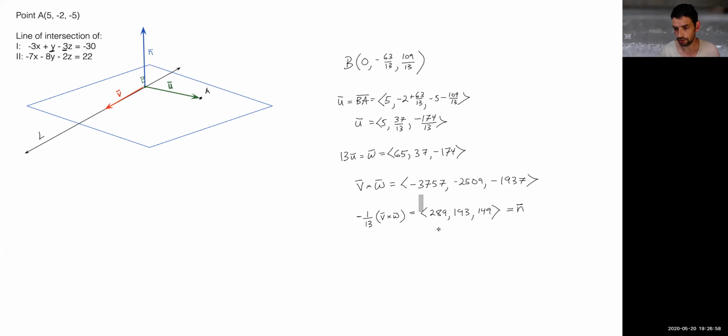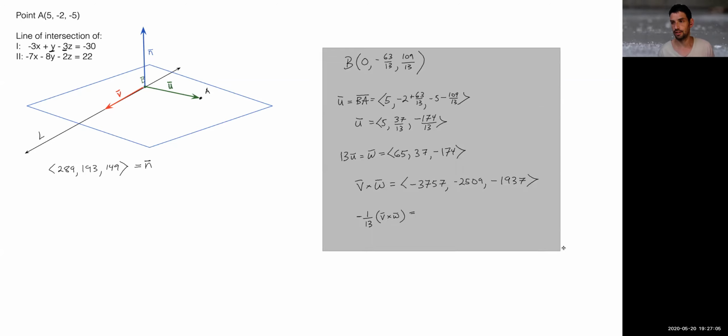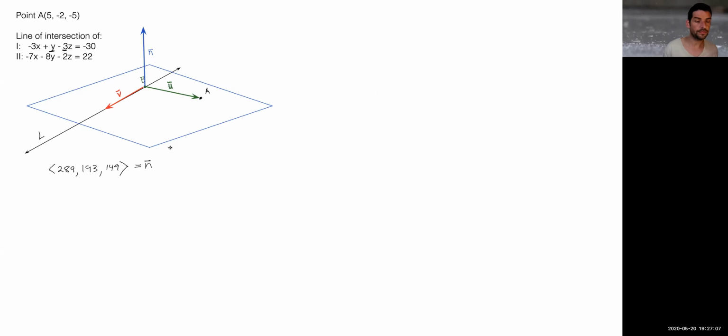All right, let's just take n over to here. So there's the vector n, and we already have this point.